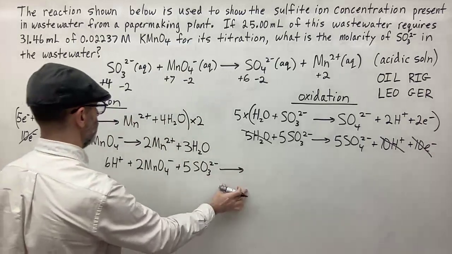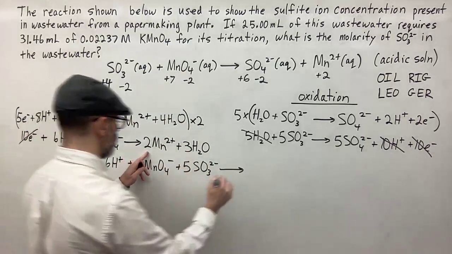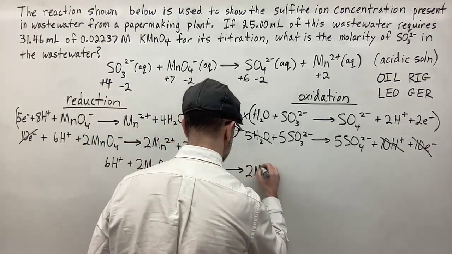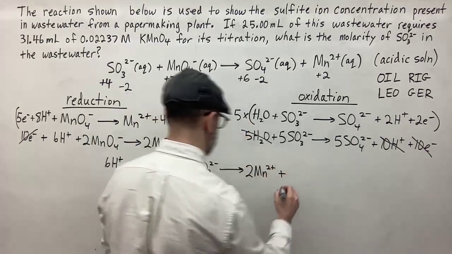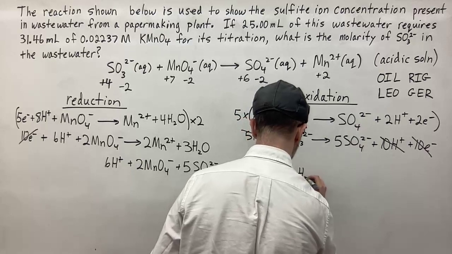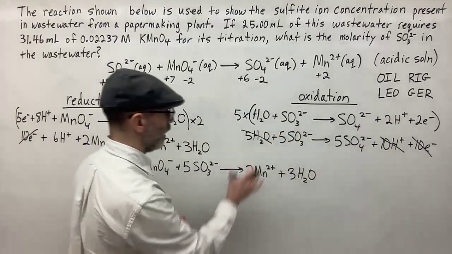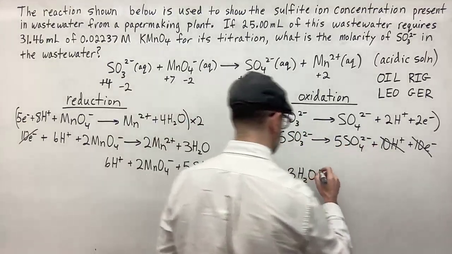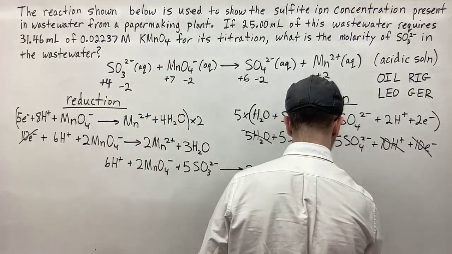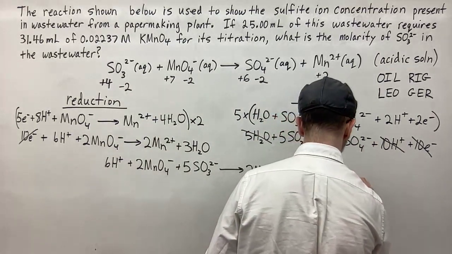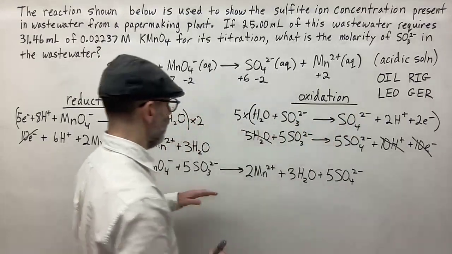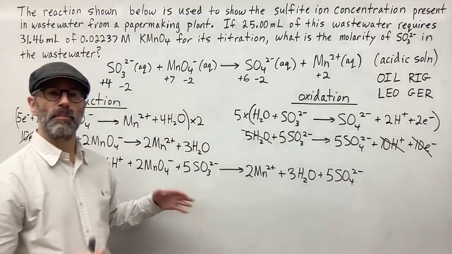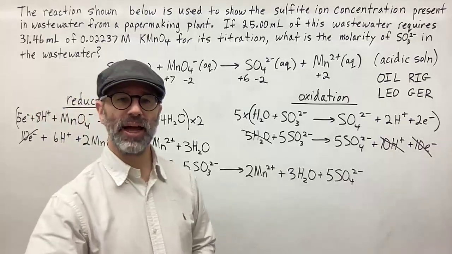And then that's going to give us these two products. So we have 2 Mn2 plus, 3 water. And then we got product on this side, so plus 5 SO4 2 minus. And so that, ladies and gentlemen, is our balanced redox reaction.